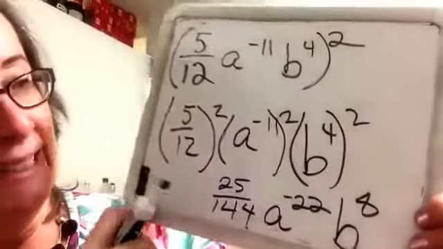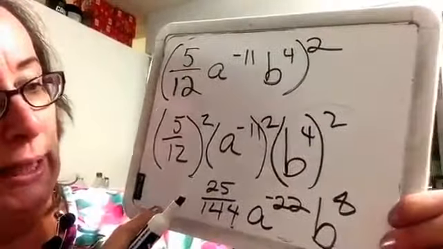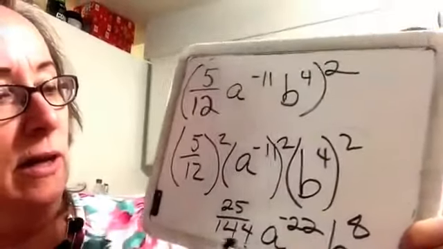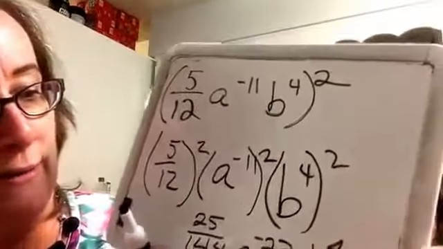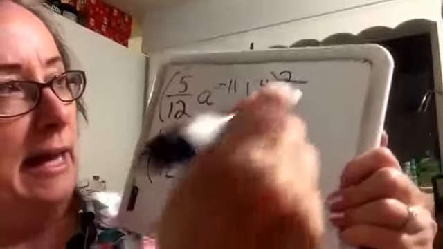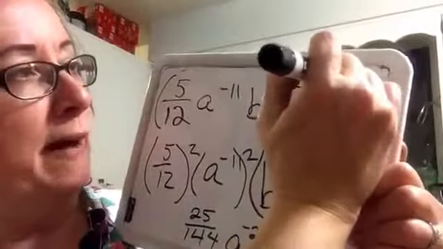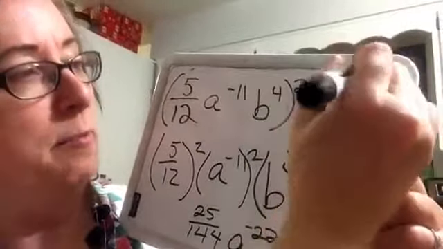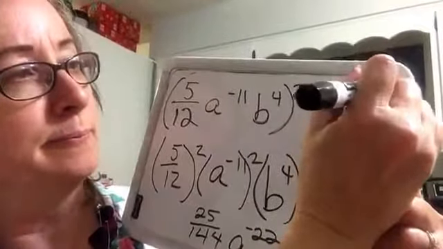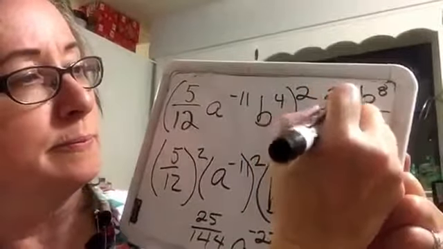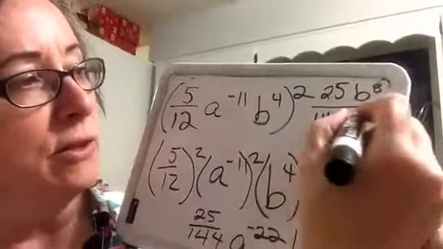But I can clean that up by putting things on the denominator that need to be on the denominator. So I'm just going to write this whole thing as, I'm going to write it up here, 25 b to the 8 over 144 a to the 22.